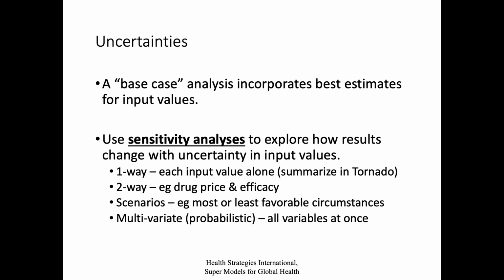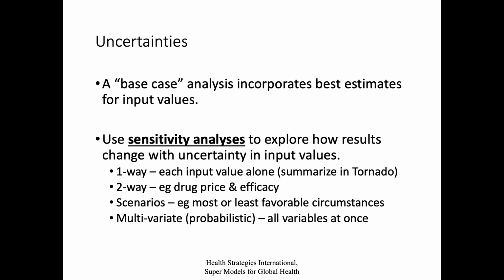The simplest and most common type of sensitivity analysis is one way. Take each value by itself, so that efficacy number or the cost of a treatment or whatever it is, and vary it for what you think is a reasonable range, whether it's based on the statistical uncertainty or some other consideration.